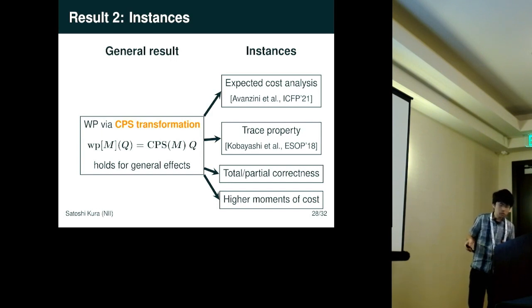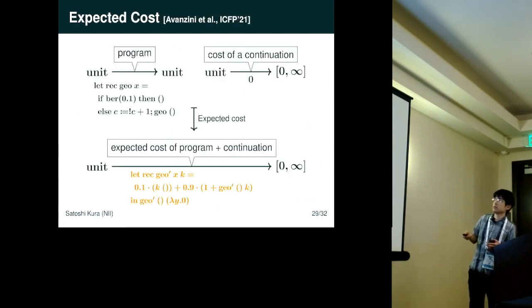So let me explain more about these instances. The first one is about the expected cost analysis of probabilistic programs. This problem is studied by Avanzini and others. Here we consider probabilistic programs like this.